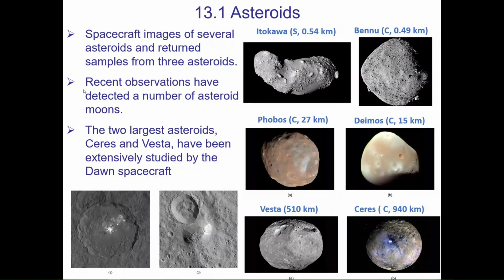Other than that, actually recent observations have detected there's a number of asteroid moons. For example, if you look at these two, Phobos and Deimos, these are actually the only two moons of Mars. But if you look at their appearance and their size, they are too small compared to the other big, spherical shaped moons.